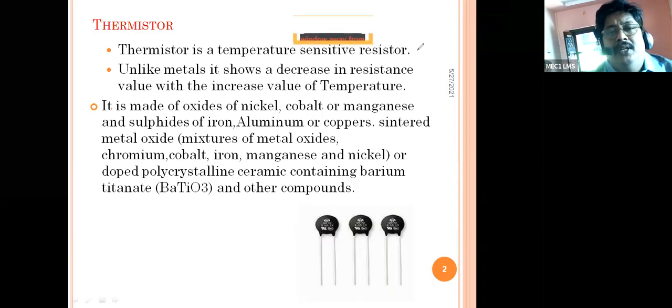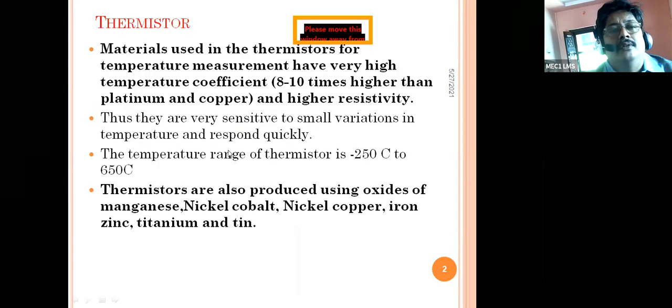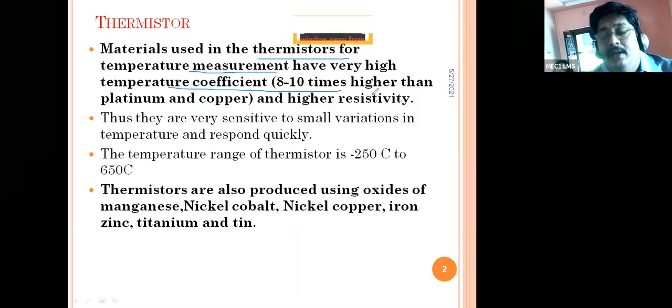So these are the different materials used to prepare the thermistor. The materials used in thermistors for temperature measurements have a very high temperature coefficient, 8 to 10 times higher than that of platinum and copper, and also higher resistivity.